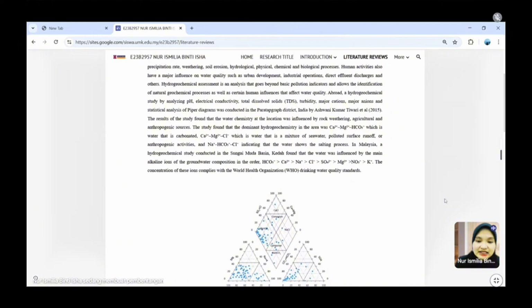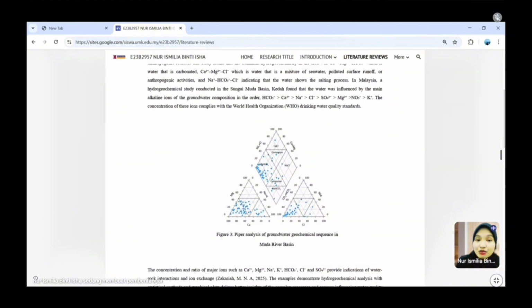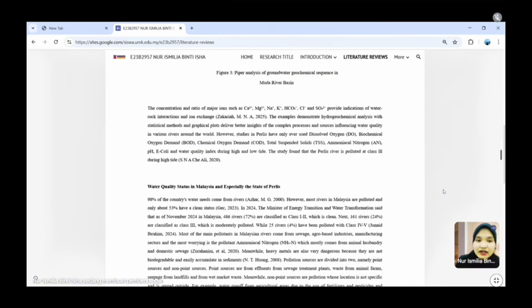In Malaysia, a study in the Muda River Basin, Kedah, by Zakaria M.N.A. 2025 also found that the groundwater composition in the study area was influenced by alkaline ions and met WHO drinking water standards. This example highlights how hydrogeochemical analysis combined with statistical and graphical methods provides deeper insight into water quality.